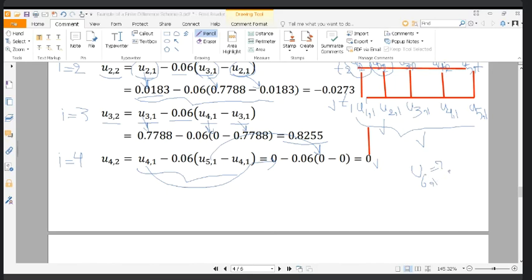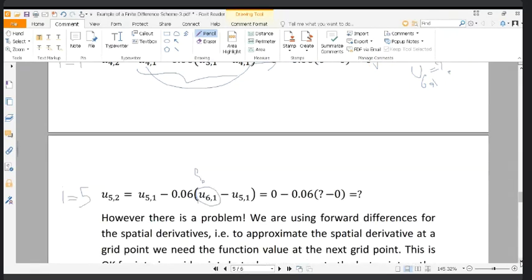We do not have x6, and we cannot use this formula for u5,2. There is a problem. What's the solution for this problem? You should compute u5,2. Until here, we stop, and you can go to rest and come back to class and continue this u5,2.